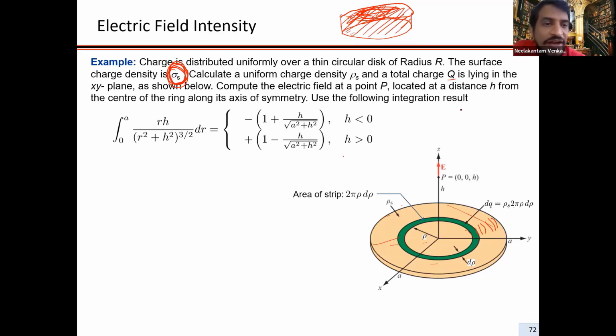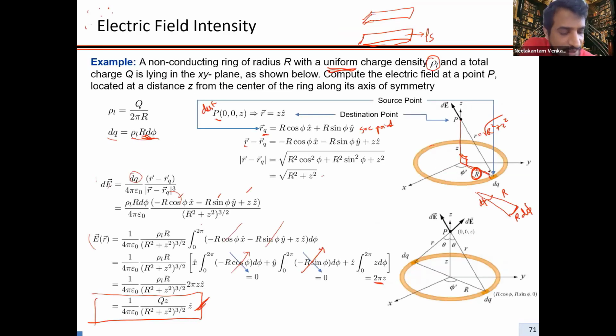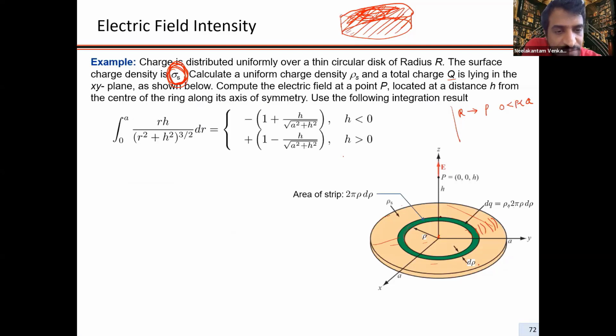So what was previously the fixed radius is going to change; in this case we're going to call it rho, and rho changes from 0 to A. From the previous question, R is going to change as rho, because previously my R was fixed, but now I'm going to take section by section, a loop by loop. If I create loops that keep expanding, then I completely encompass the whole surface.